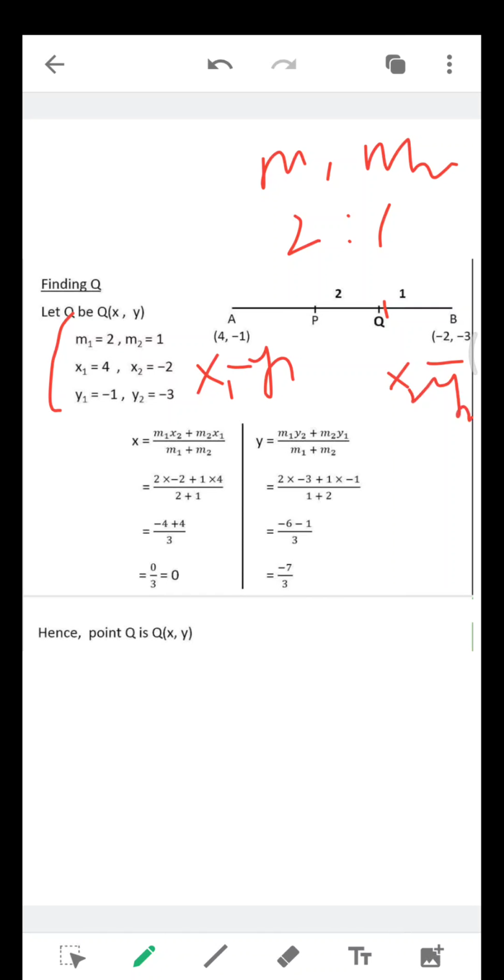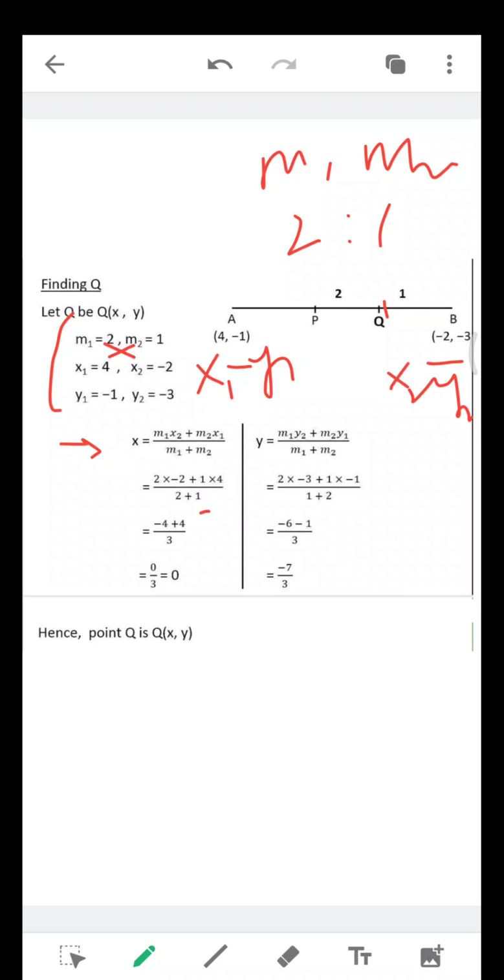For finding x, I'll use (m1 x2 plus m2 x1) by (m1 plus m2). Substituting, 2 into -2 and 1 into 4, by m1 plus m2, which is 2 plus 1, 3.